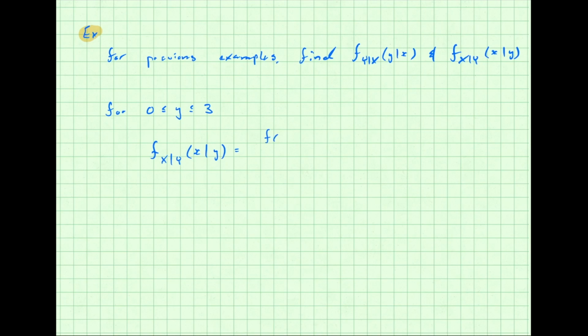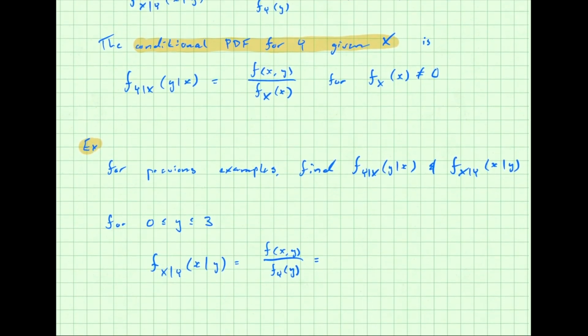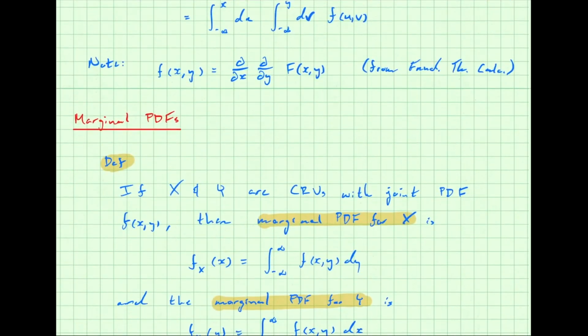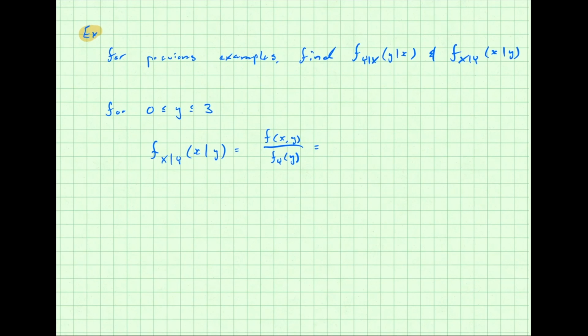so it's f of xy over the marginal distribution for y. And I'm just going to copy those. The joint distribution I'll just write down, I remember it. Sorry about that. So it's a 15th x plus y.